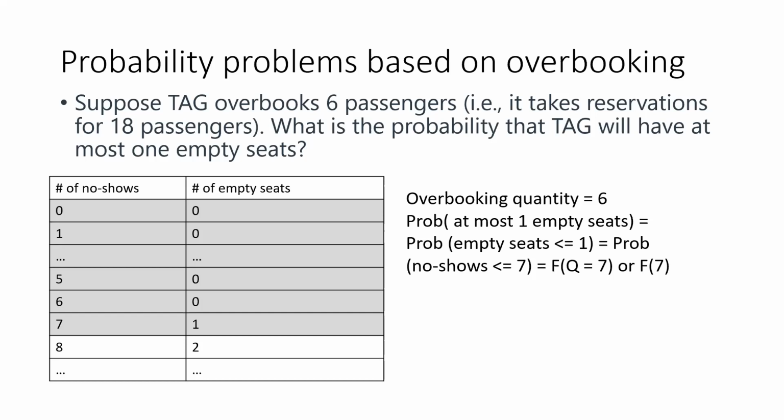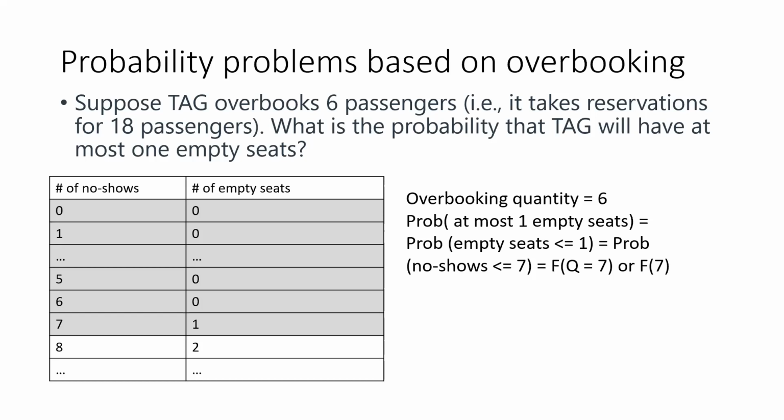So they're asking you the probability of at most 1 empty seat, which means at most... Yeah, sorry, I explained wrong. So the probability that at most 1 empty seat is equal to the probability that empty seats is less than or equal to 1.